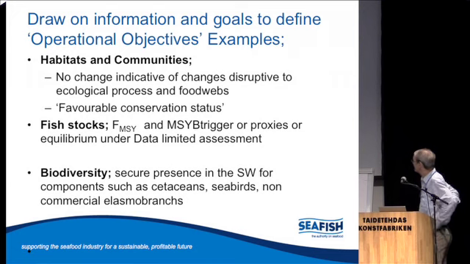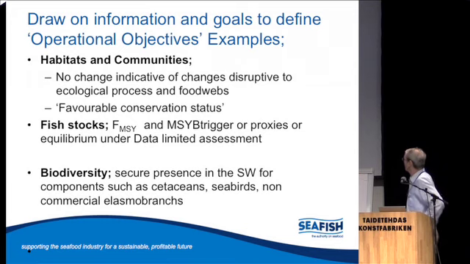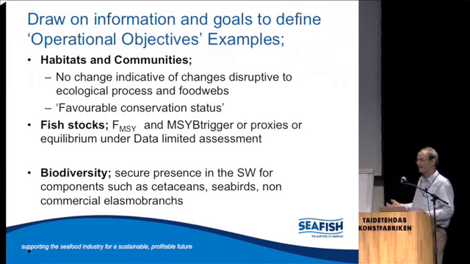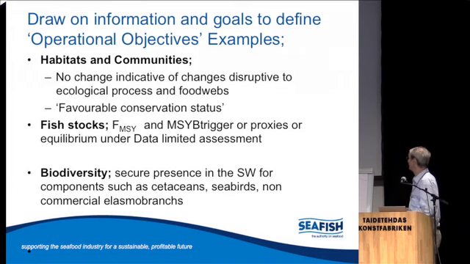Fish stocks, what is not quite classical now, but it's what ICES use, and then, of course, the data-limited assessment version of it. For biodiversity, this is where we had to think of things that we can use. Secure presence in the southwest, is it present in reasonably viable numbers. Cetaceans actually have their own reference points, with only a few of them. There's not always a lot of information. Seabirds, non-commercial rates, these sorts of things.